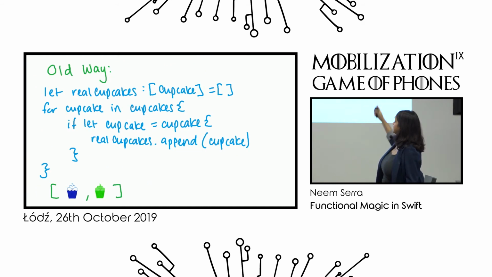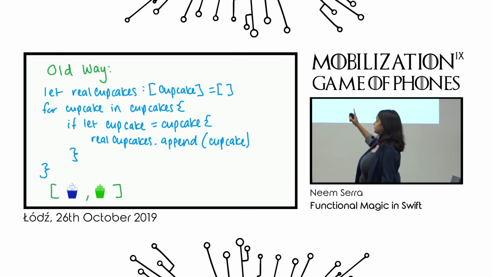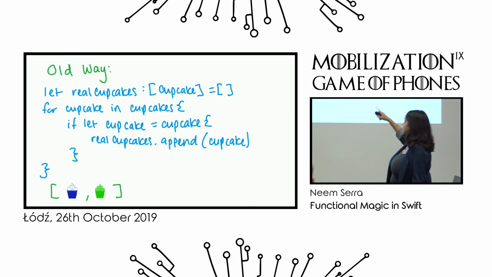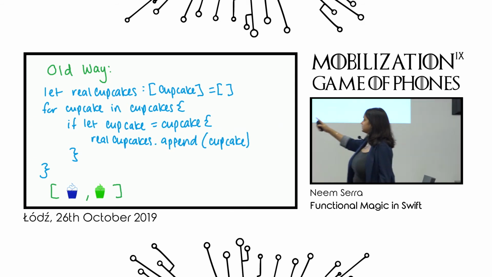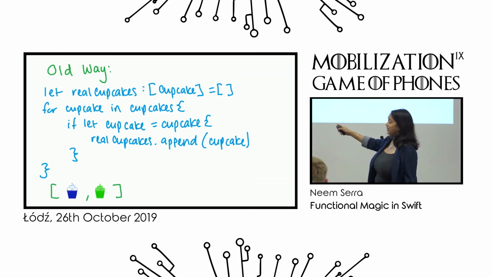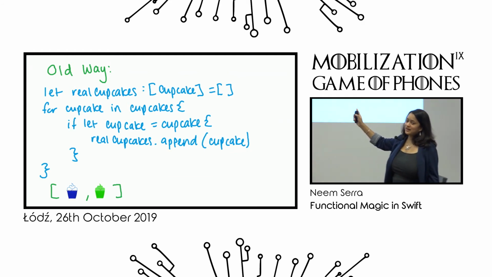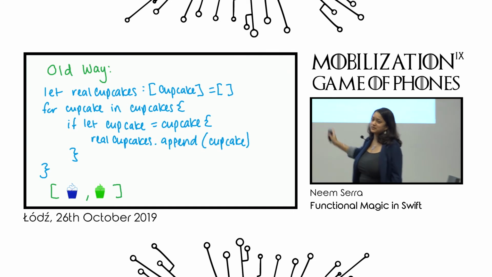So, like I said, the old way is just kind of long, where you'd go, for each of the cupcakes in the cupcake array, if the cupcake is actually a cupcake, append that cupcake, and then you would get these two cupcakes. I actually forgot in this example, these cupcakes are still optional cupcakes.